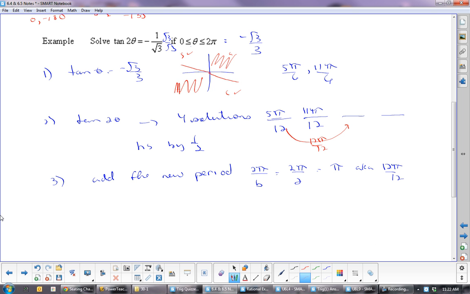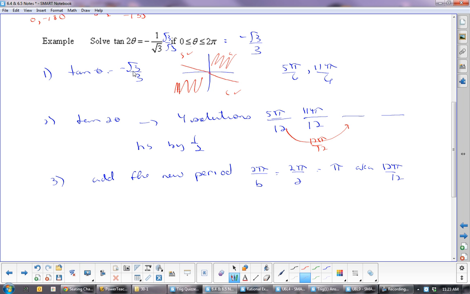What I'm trying to tell Danny is that you can always do these with the 2 pi over b. In fact, I would just recommend that for most of you. Make it 2 pi over b, so when you're doing multiple angles, it'll always work.